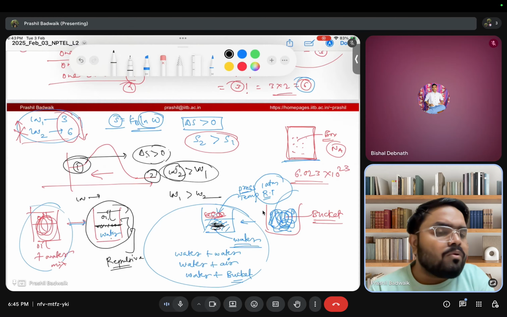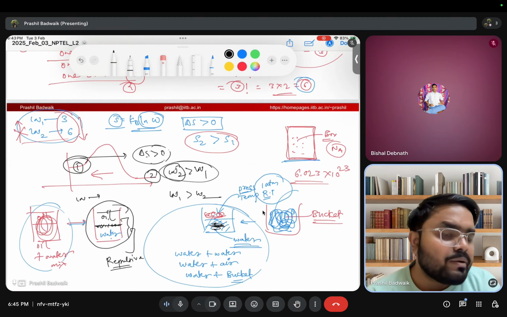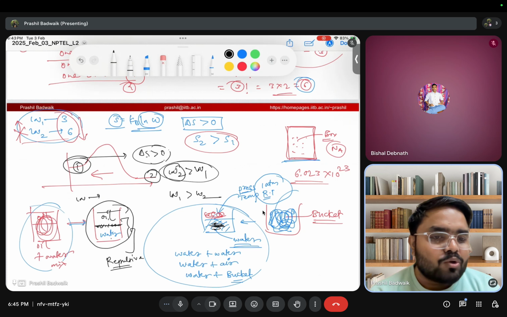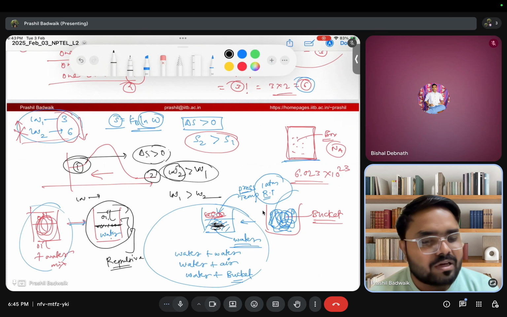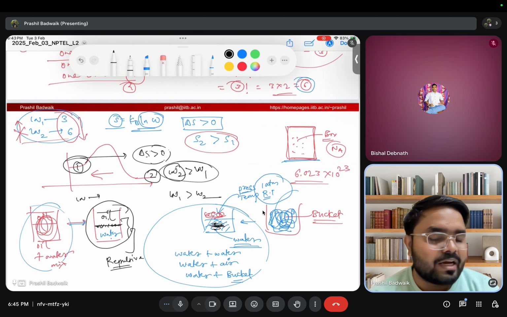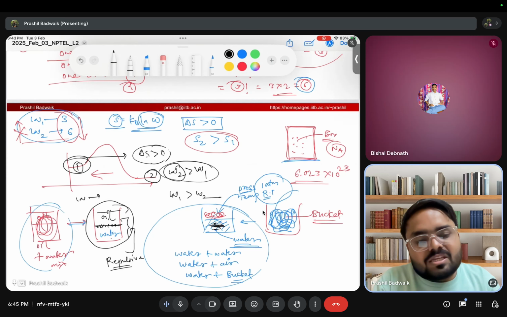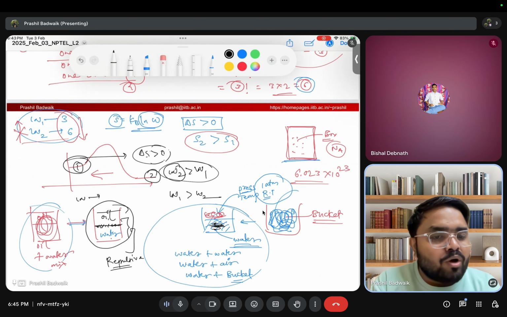So can I give all the energy to only one particle? No. Can I give no energy to 50% of the particles and the other 50% some other value? It's not possible. That means there is a distribution of energy, just like the distribution of chocolates. And which distribution will be more preferable? The distribution where W is highest is the preferable one.